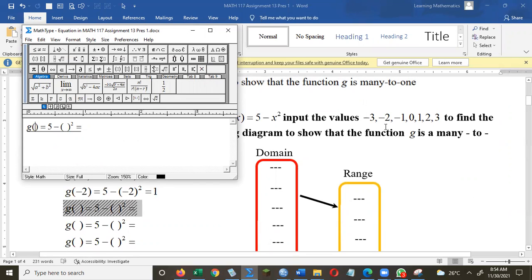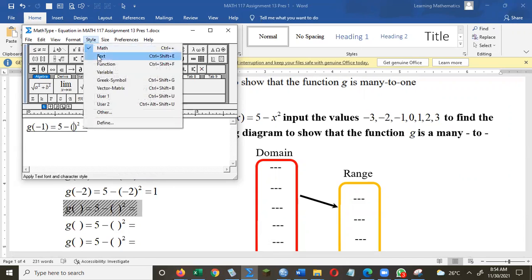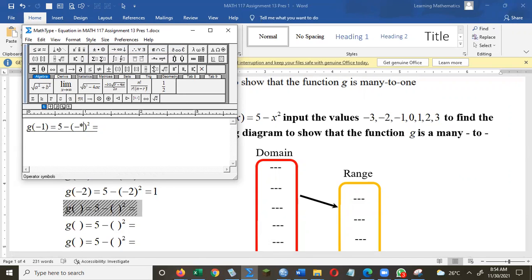So we did -3, we did -2, we are going to do -1 now. So for g of -1, we put -1 in the bracket also. Now 5 minus open bracket -1 squared, that's equal to what?